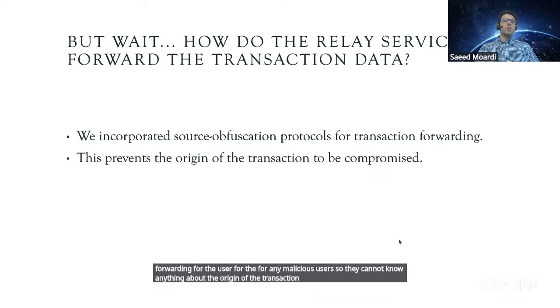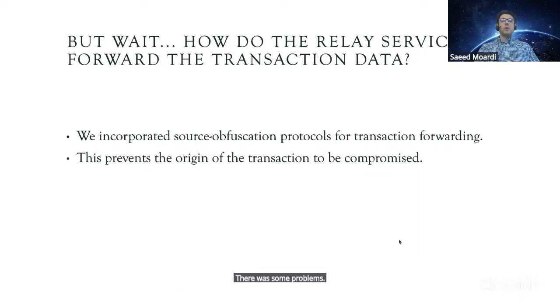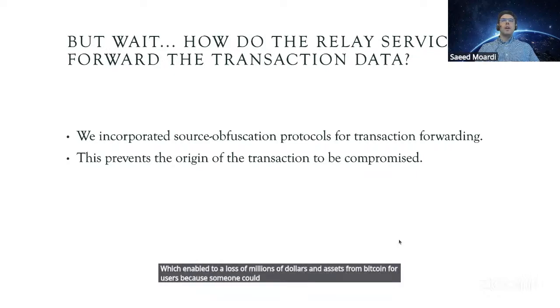This is also because there were some problems related to Bitcoin, for example, which led to the loss of millions of dollars in assets for users, because someone could track the origin of their transactions, and in some way they could have access to their assets. That was something that damaged a lot of users in Bitcoin, as a prime example.